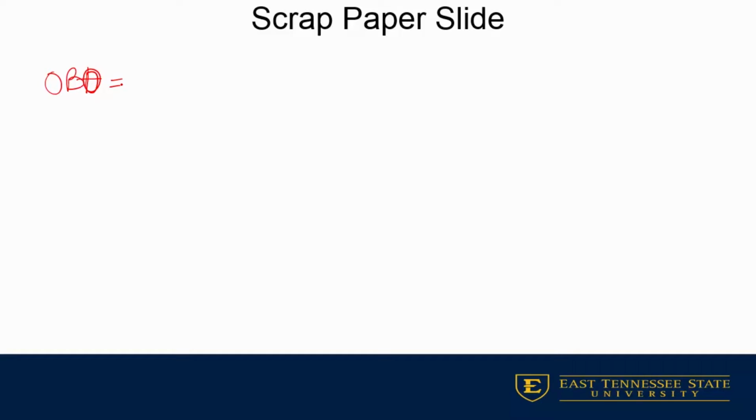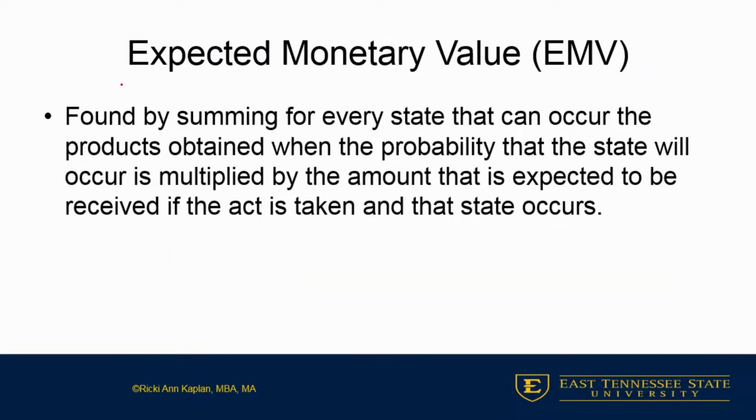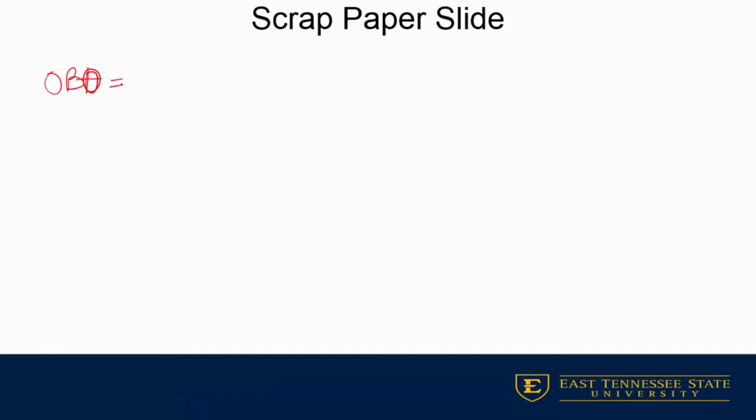If we overbook 0 rooms, let's go back to that formula, I want to find the sum of every state that can occur, the products obtained when the probability that the state will occur is multiplied by the amount that is expected to be received if the act is taken and that state actually occurs. So I want to take a look at the probability that an event will take place and the outcome that is expected for that.